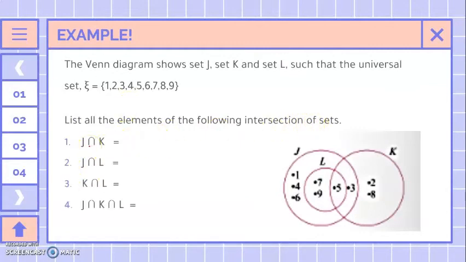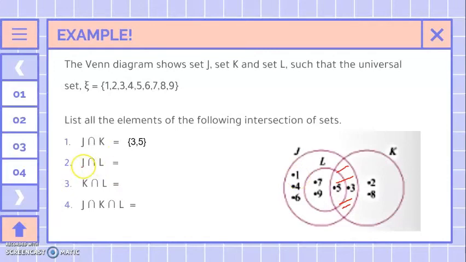For number 1 you have set J intersect with K. So you have set J, which is this one, intersect with K. So you will have this region. So the answer is 3 and 5.